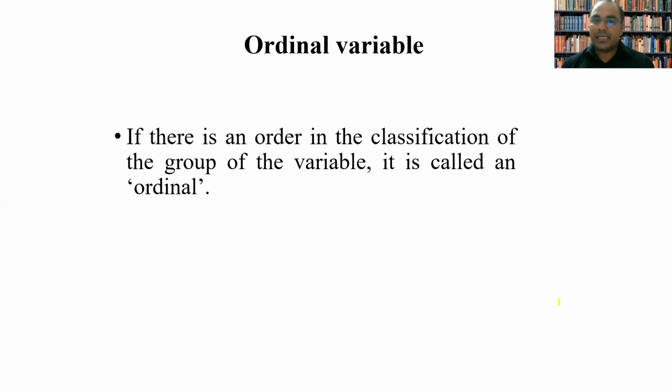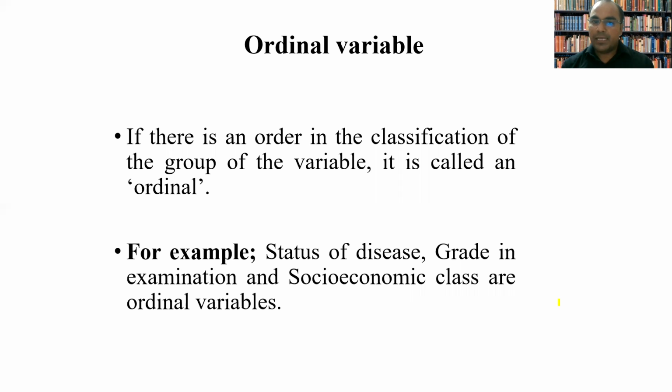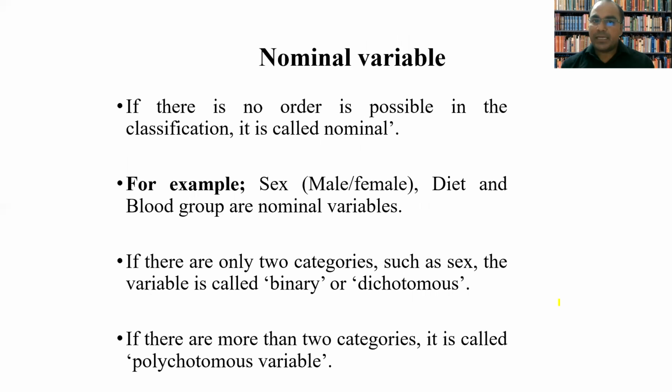As we know, qualitative variable is of two types. The first one is the ordinal variable. If there is an order in the classification of the groups of the variable, it is called an ordinal variable. For example, status of disease, grade in examination, and socioeconomic class are ordinal variables. Nominal variable: if no order is possible in the classification, it is called nominal.